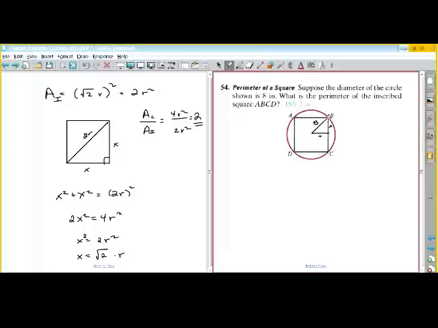Once I have x, there are going to be 8 x's around this square, because I have 1, 2, 3, 4, each a half side. So I have 4 sides, so 8 half sides. I take whatever this x value is, calculated using the Pythagorean theorem, and multiply it by 8.